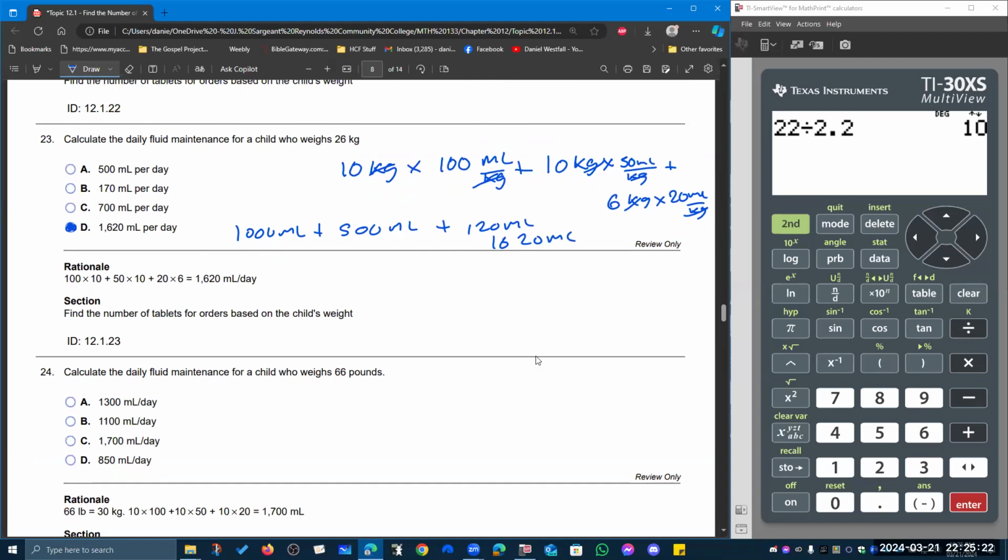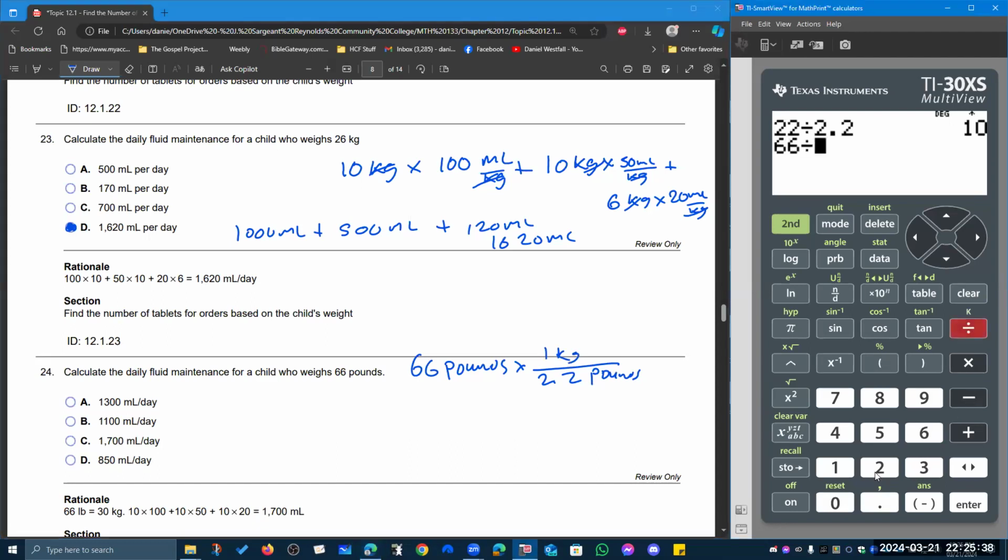Now the child weighs 66 pounds. We need to change 66 pounds into kilograms. 2.2 pounds per kilogram. 66 divided by 2.2 is 30 kilograms. So we're going to have 1,000, then another 500, that takes us to 20.